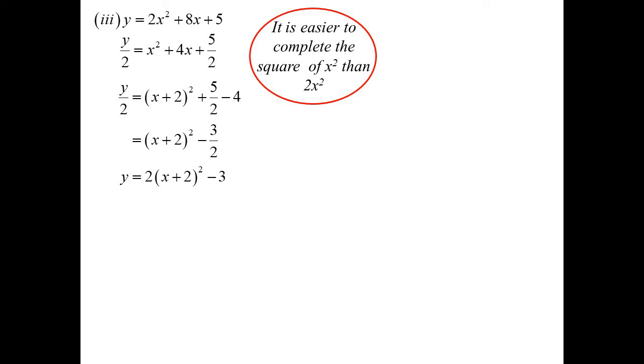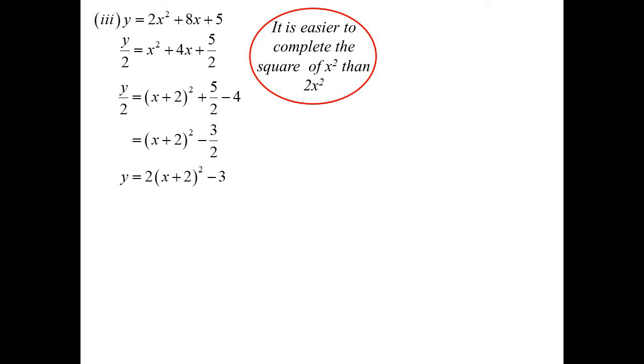So half the coefficient of x is 2, so we have x plus 2 all squared, but that means I've now created the 4 squared. Now notice I've subtracted 4 instead of added 4 here, and that's because it's on the same side. I am not adding it to the other side of the equation. We end up with x plus 2 squared minus 3 on 2, but now I'll multiply back out by 2. So we've got 2 lots of x plus 2 squared minus 3.